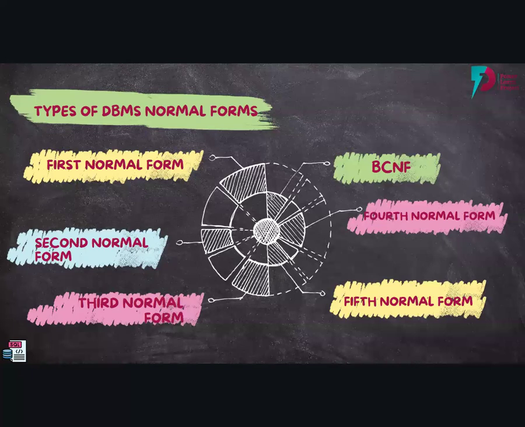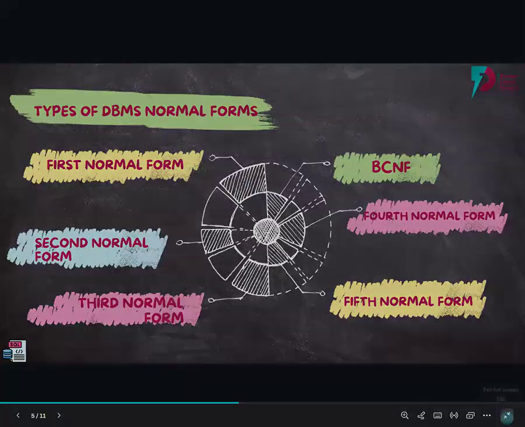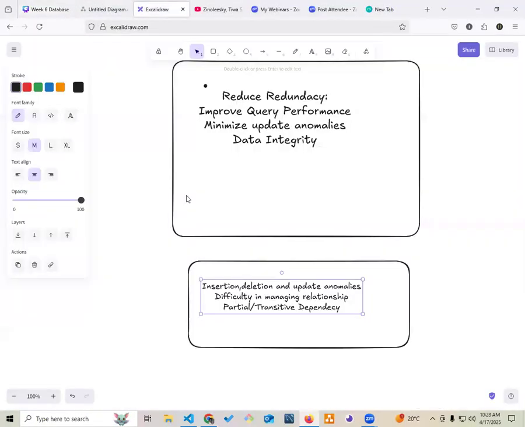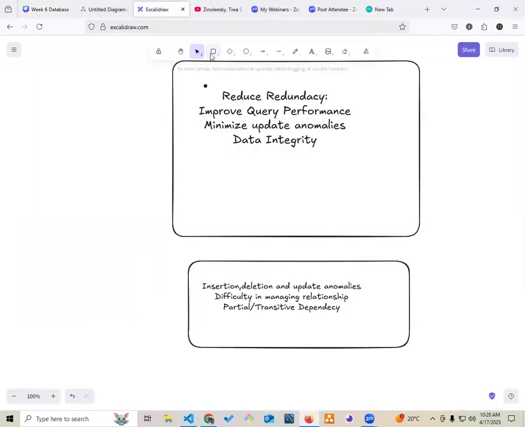This level of normalization builds upon 2NF. And then the BCNF, I couldn't write the whole word, so I just wrote the initials. It means Boyce-Codd normal form. Just pronounce it how you pronounce it. Let me just tell you how it is written.